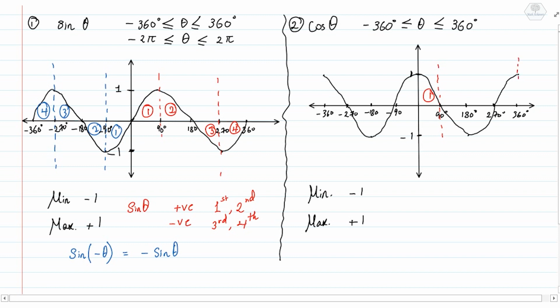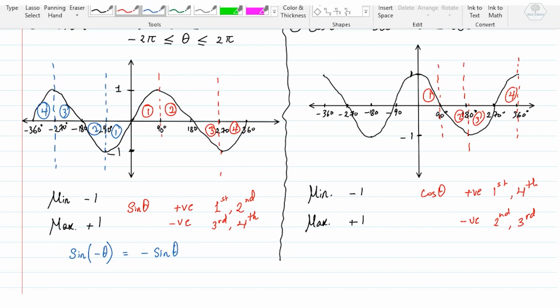And in the fourth quadrant, it's positive. The cosine is negative in the second and the third quadrant. So cosine theta is positive in the first and fourth quadrants and negative in the second and third quadrants.